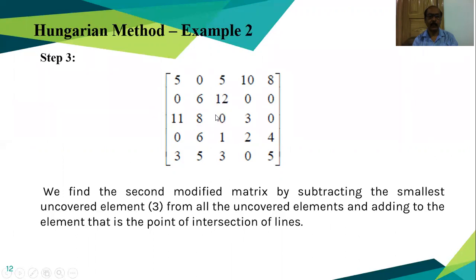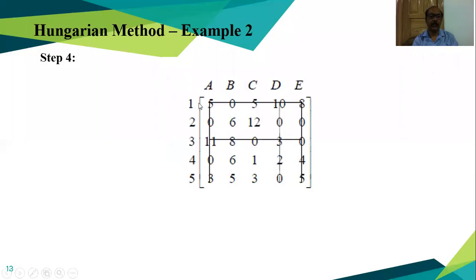So there is the one line. So check in the next. See. So these are the allocations. Better when we are drawing the lines, mark it. Then it will be easier for finding the optimum assignment.